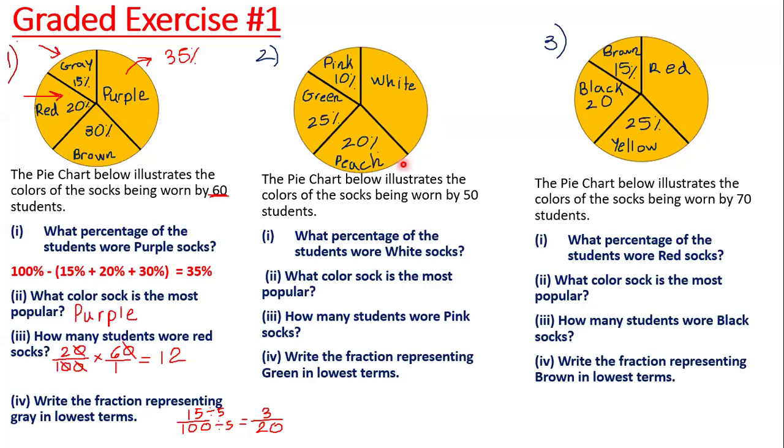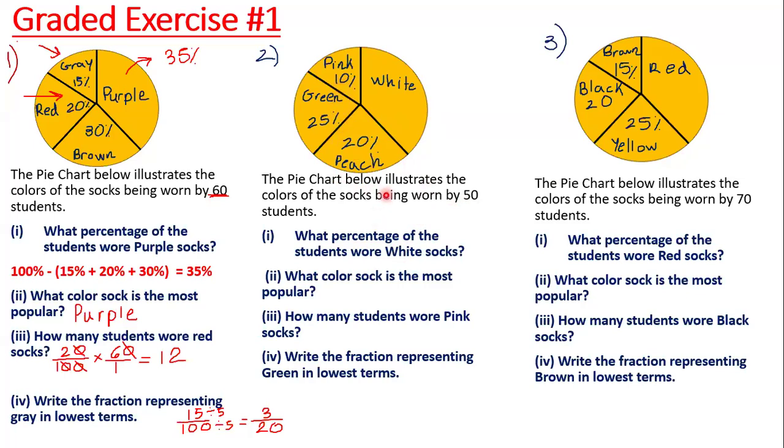Okay, so for number 2, it says the pie chart below illustrates the colors of socks being worn by 50 students. It asks which percentage of students wore white socks? So to find out, we're gonna subtract the sum of all the percentages given from 100.